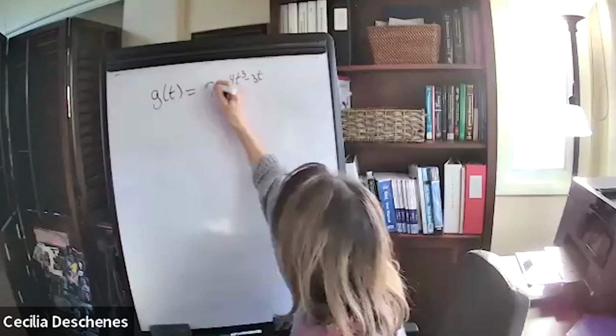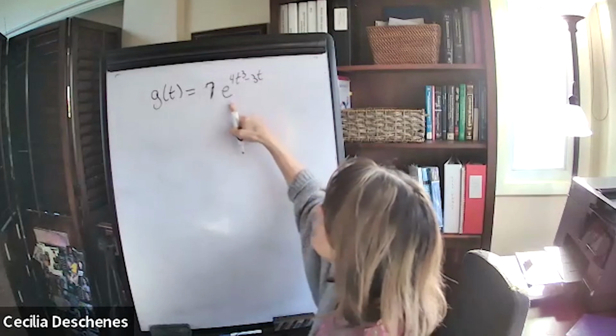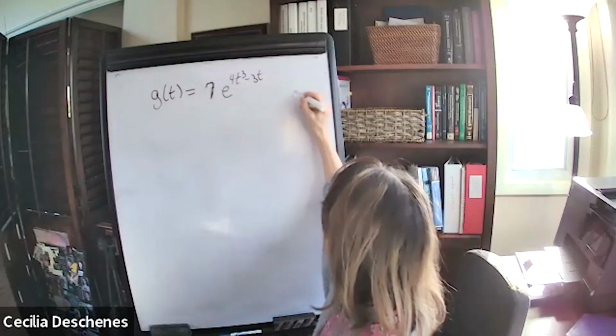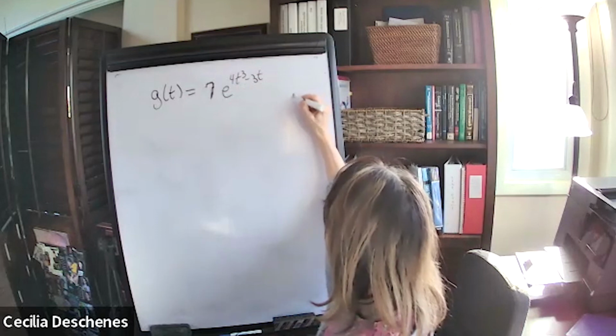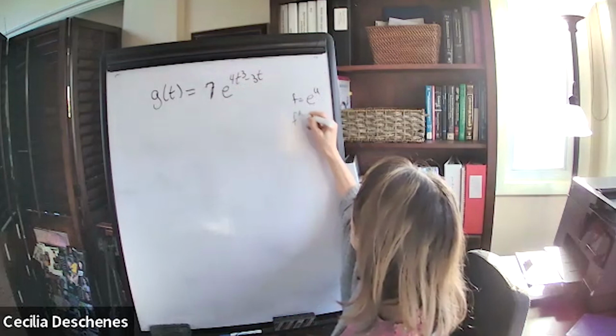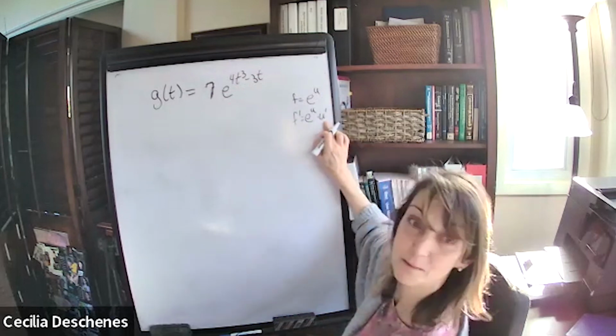So this is just a number out in front. It's going to come along for the ride. This is e raised to a function. So the rule, I'm going to write it over here to the side, is if f is e to some function, the derivative is e to that function times the derivative of that function.